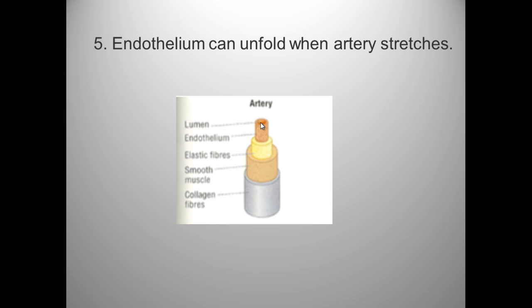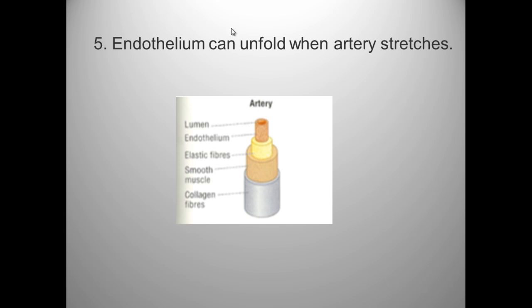It needs to be quite thick because it needs to withstand the high pressures that arteries take the blood at. If they weren't thick enough, they could potentially burst, and that could cause damage. You also have the outer layer, which is labelled here as collagen fibres. You may see this labelled in your book as something else, but essentially your outer layer, or tunica externa, as it may be labelled in your book, is again of a reasonable thickness.